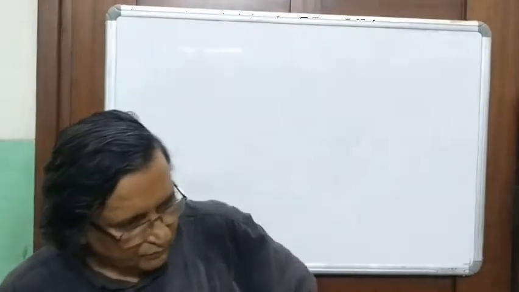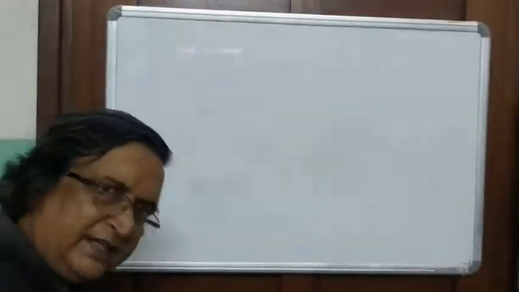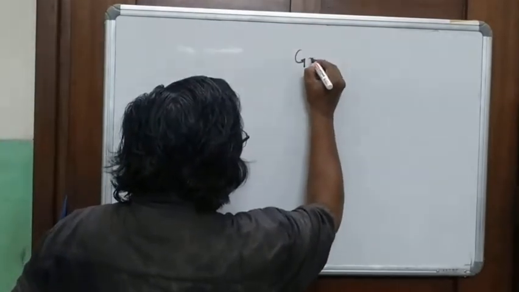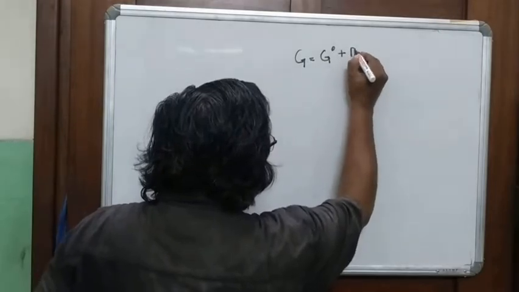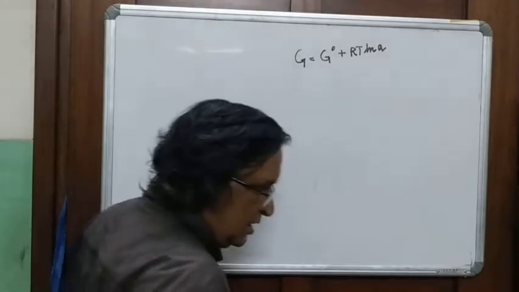Right? Now, from whatever thermodynamic relations we have studied, we are now pretty conversant with this relationship, which is G equal to G0 plus RT ln activity.